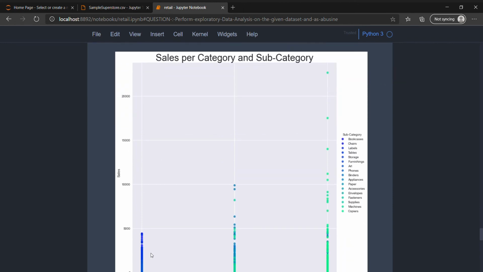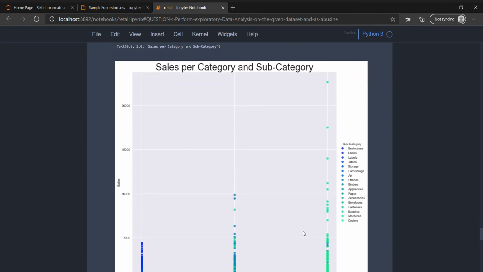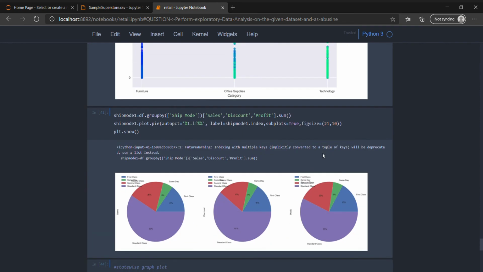Looking at sales per category and subcategory, technology is very high, so it has high sales. Having a detailed analysis of sales, discount, and profit, you can see standard class is very high. What I personally feel is you need to focus on the rest more to have an equal ratio.